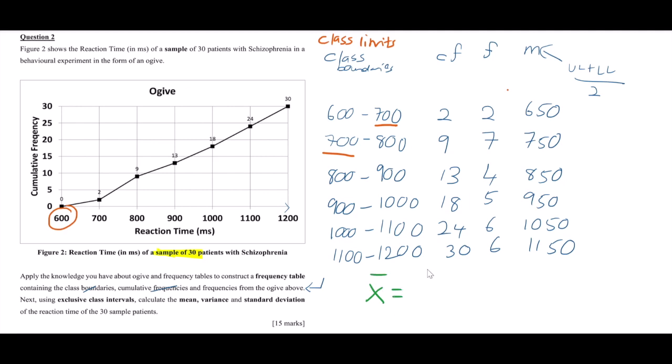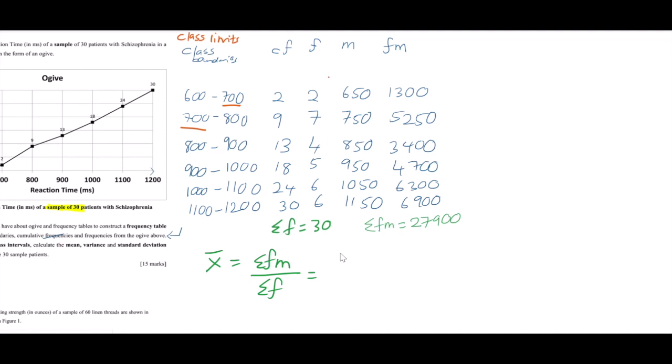We simply take the summation of the frequency multiplied with the midpoint divided by the summation of the frequency. So the summation of frequency would be 30. So the sample mean is simply 930.